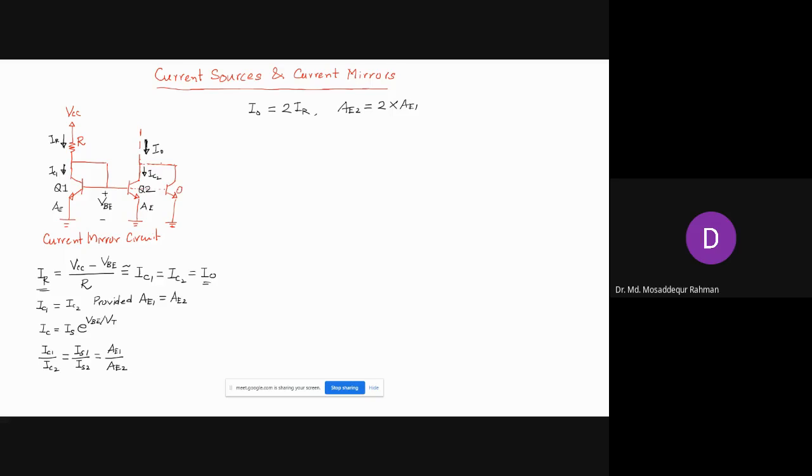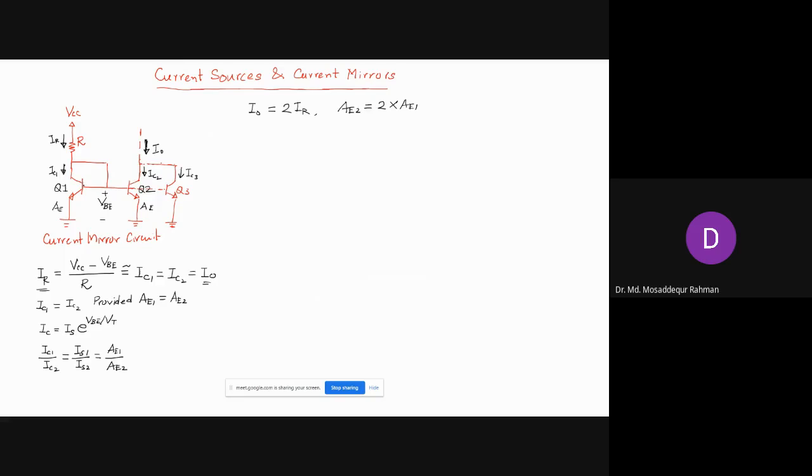Let's call it Q3, so that the bases will be tied, shorted, all the bases. Assuming they have the same cross-sectional area, the current here will be IC3.